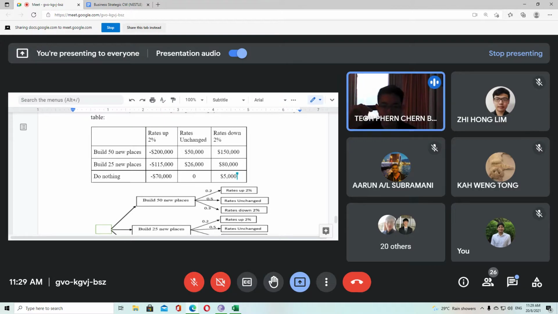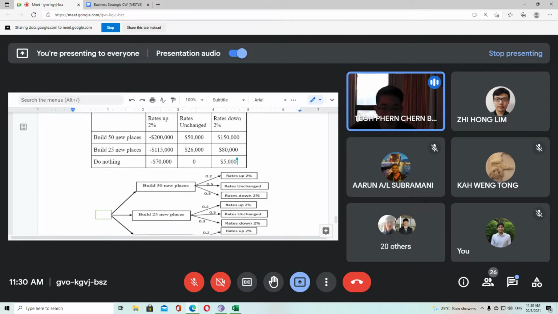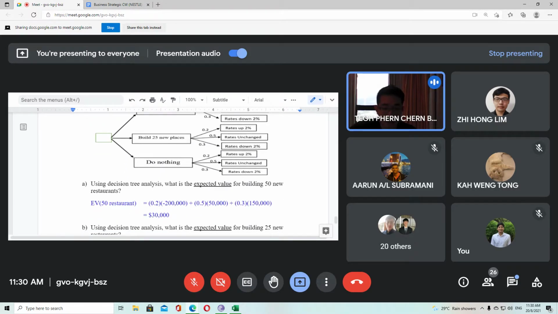So instead of just writing rates up 2%, rates unchanged, rates down 2%, you can write the value. Instead of writing rates up 2%, you will write negative 200,000. Then 0.5, negative 50,000, and so on. Then it will be clearer. Then you can straight away write your equations. The ones below are all correct.